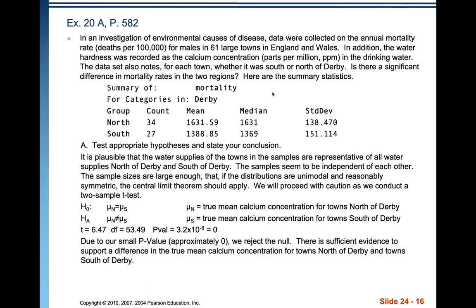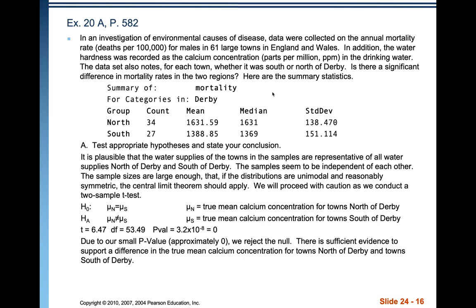Okay, so we're going to be diligent in writing our hypotheses and explicitly stating what our parameters are so that we get full credit. Our null is that mu of north is equal to mu of south. That's just another way of saying that the difference is equal to 0. Those are logically equivalent.